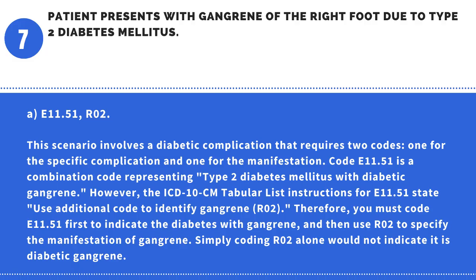However, the ICD-10-CM tabular list instructions for E11.51 state use additional code to identify gangrene, R02. Therefore, you must code E11.51 first to indicate the diabetes with gangrene, and then use R02 to specify the manifestation of gangrene. Simply coding R02 alone would not indicate it is diabetic gangrene.